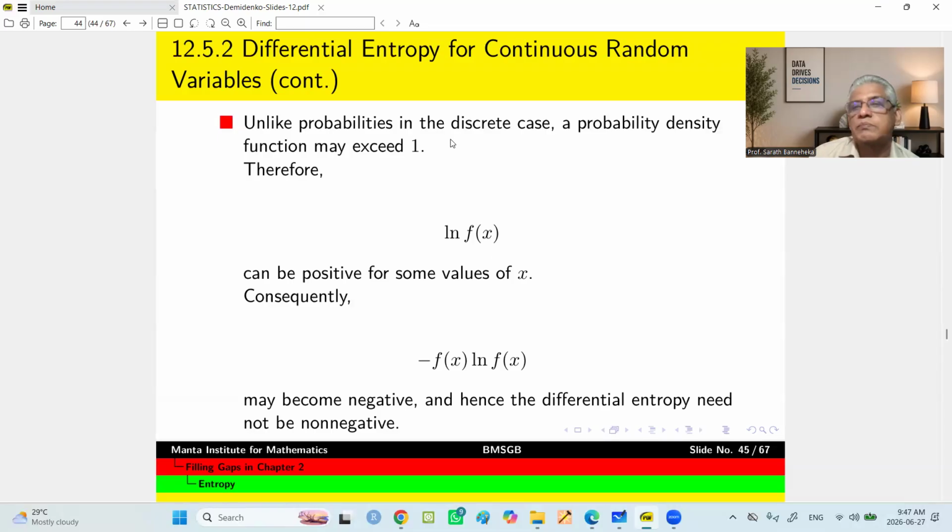But for some parts in the density, it can be positive. Therefore, for that part, this will be positive. So when you take the integration over the whole range, the final answer can be negative. So that property that we have for the discrete case doesn't apply here.